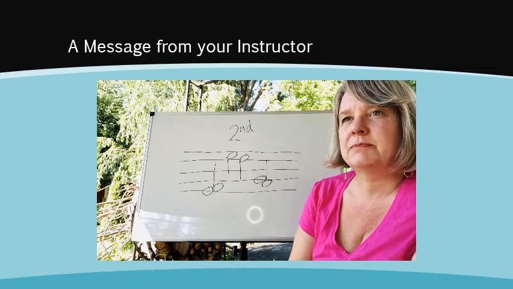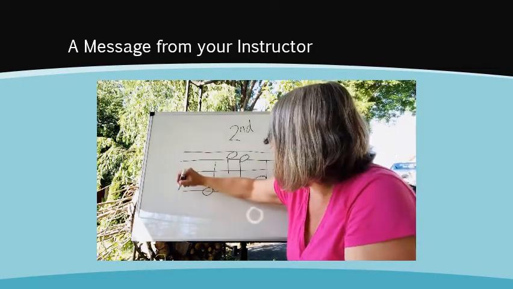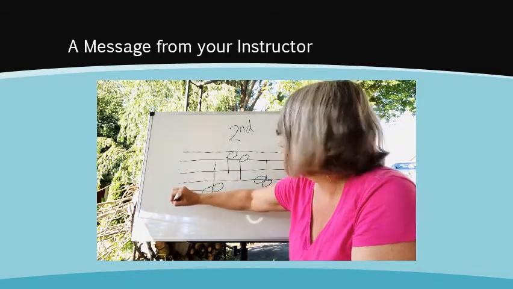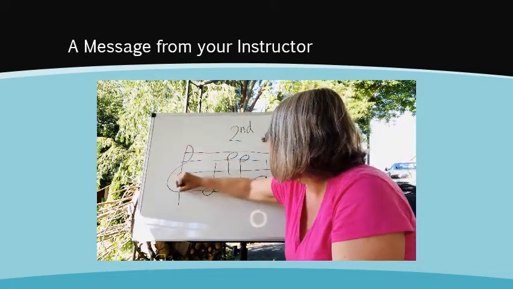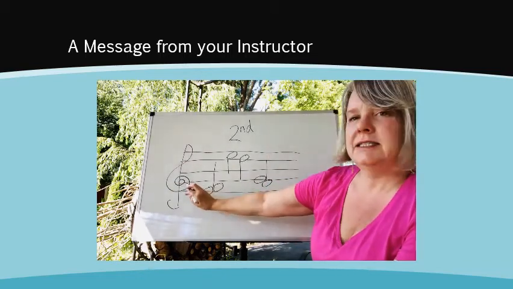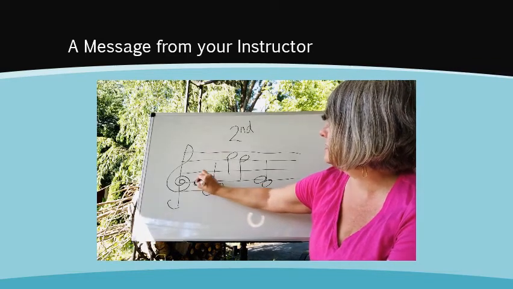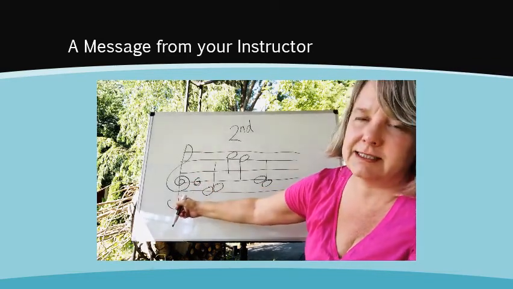So let me just ask you, let's just look at these, this will be fun. I'm going to make this the treble clef now. That means this line is a G. That's what the clef does.